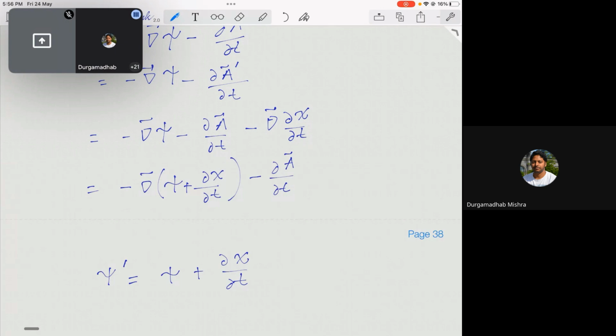So we'll look at the Coulomb gauge and Lorentz gauge in the next class, and then we will talk about how electromagnetic waves can be calculated in vacuum, or give rise to, let's say, reflection, refraction, dispersion, and how they behave in different materials.